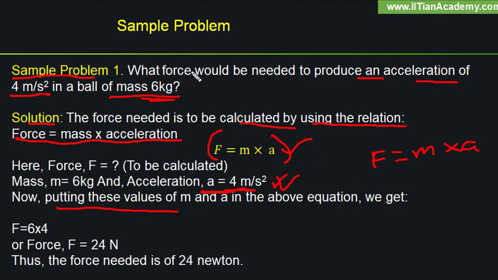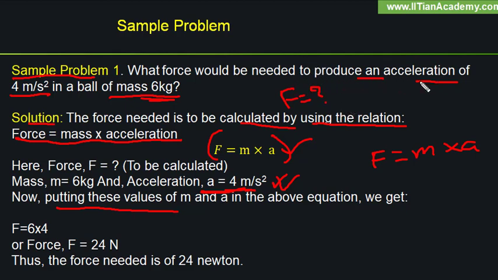You have to concentrate on the question and read it as many times as required to understand it. What force? So force is equal to what? Now you know what is to be calculated.